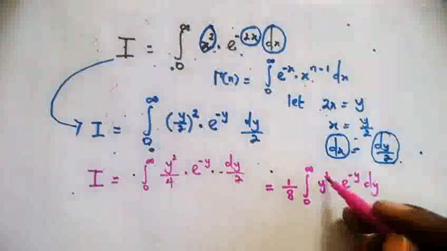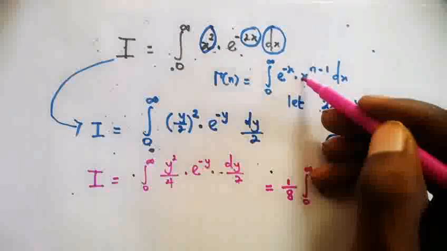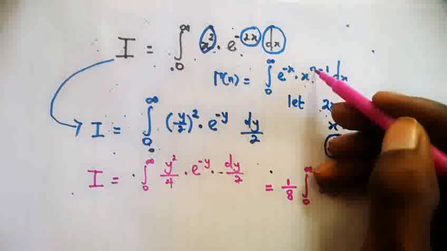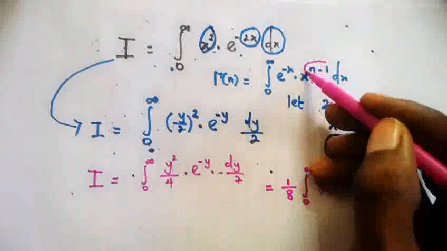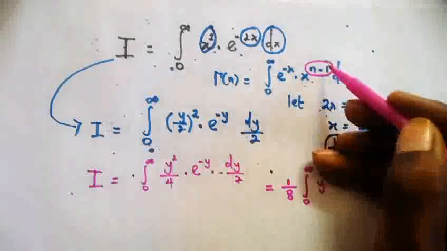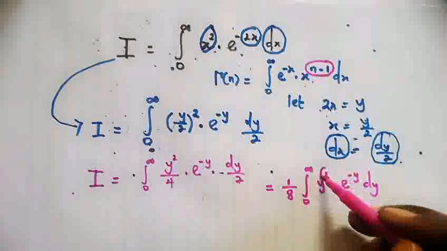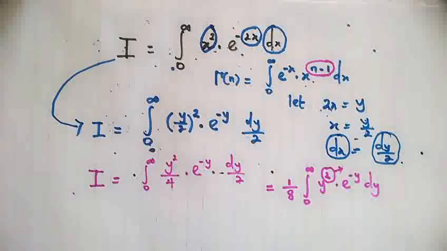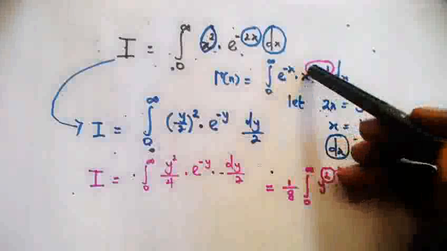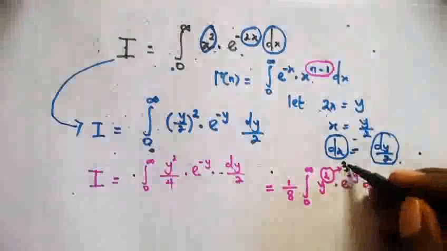Now remember this function here, that the power of x must be such that we subtract 1 from it, so it must look exactly like this. That is the power of x. So now here we have only 2, so we're going to rewrite this 2 as 3 minus 1.